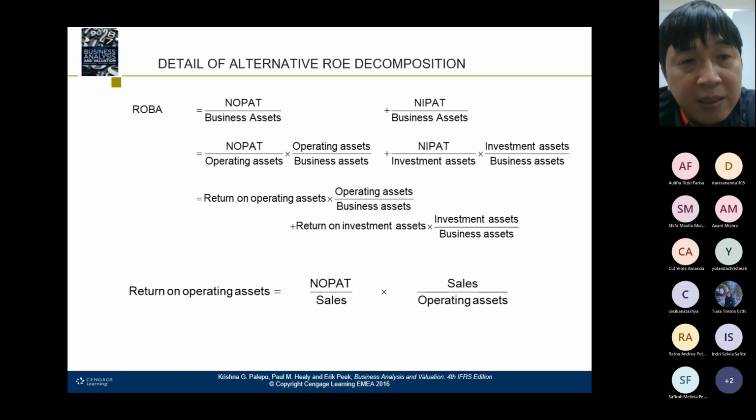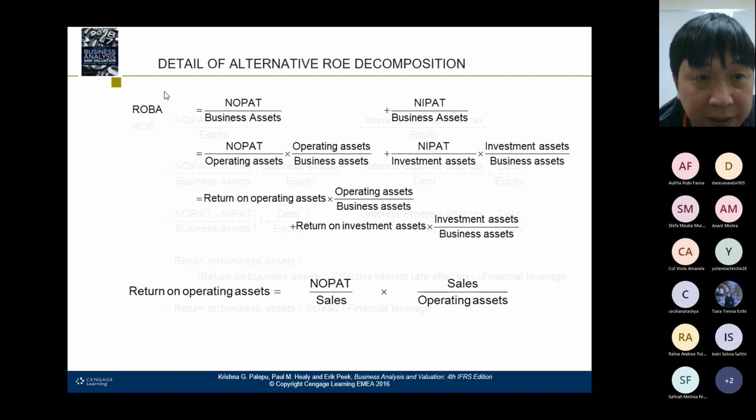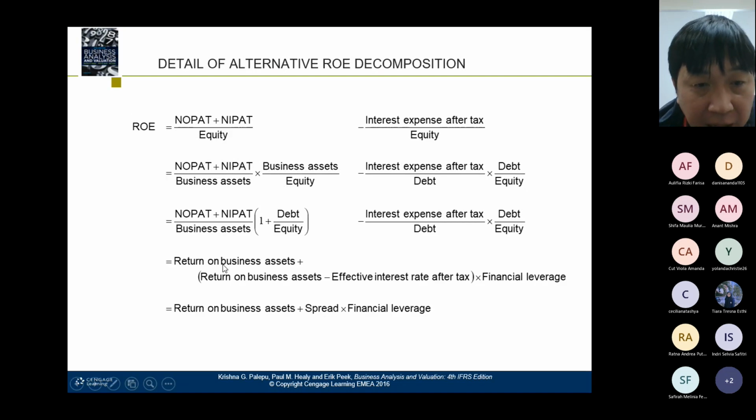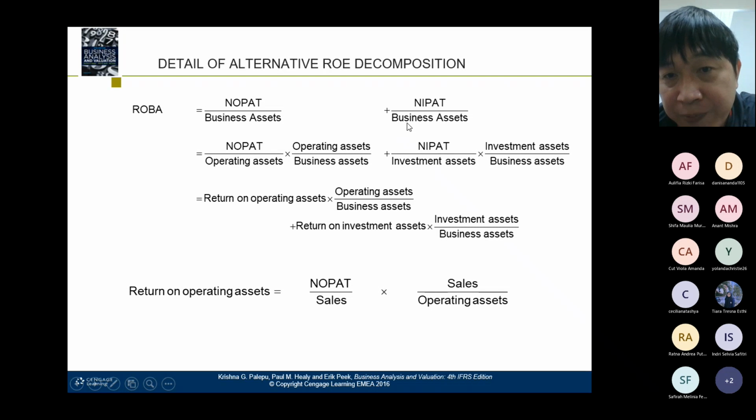ROBA can be decomposed into NOPAT over the business assets plus NIPAT over the business assets.